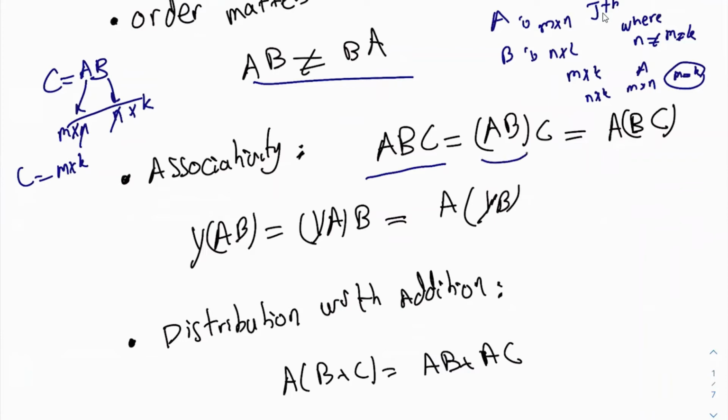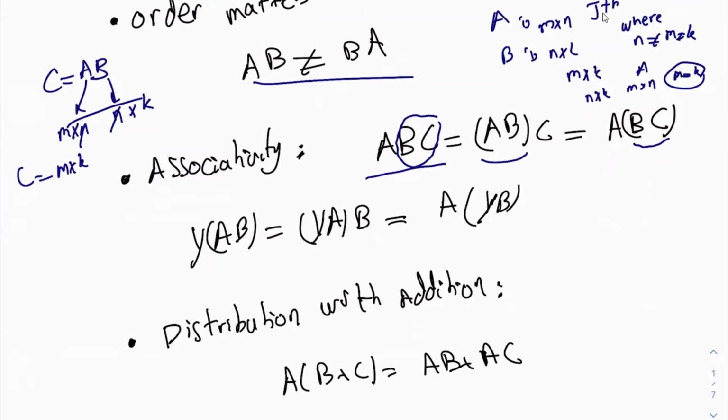You can group A and B first and then multiply the result by C. Or you can multiply the second two, B and C, and then multiply A from the left by BC. Remember, the order matters. You cannot switch the left and right places with each other. So first you can multiply B and C, find the result, store it in another matrix D, and multiply A by matrix D.